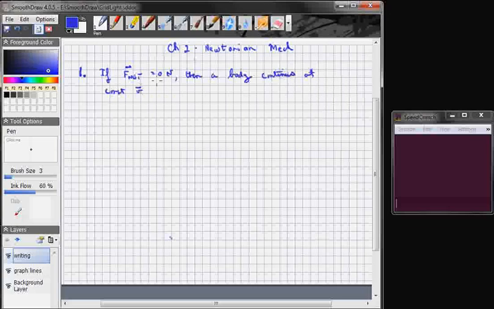Okay, so now as you know, constant velocity means that the acceleration is equal to 0.